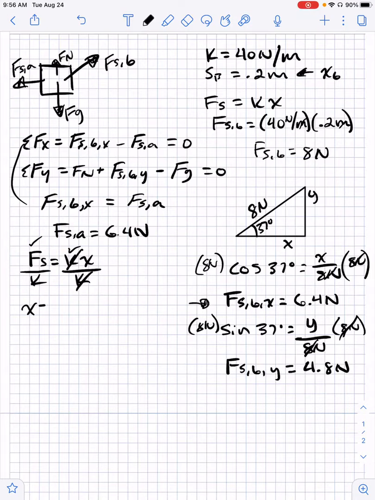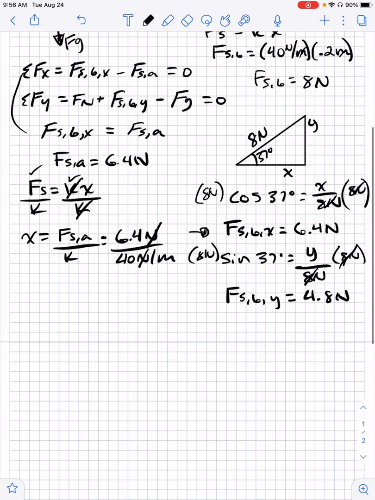So the stretch is just going to equal the force exerted by spring A divided by the spring constant. So we can plug in our numbers, 6.4 newtons divided by 40 newtons per meter. And now my newtons will cancel. So the stretch of A is going to equal 0.16 meters.